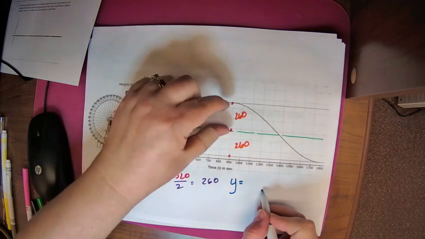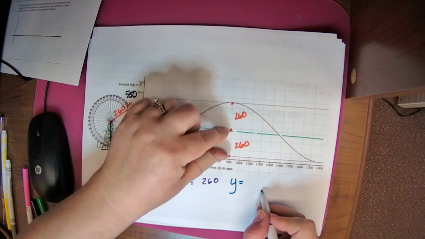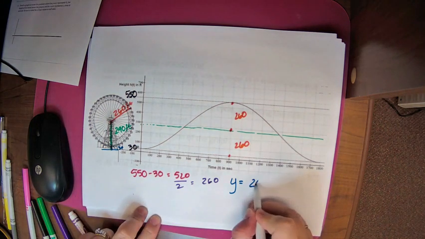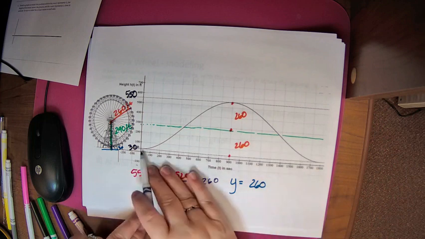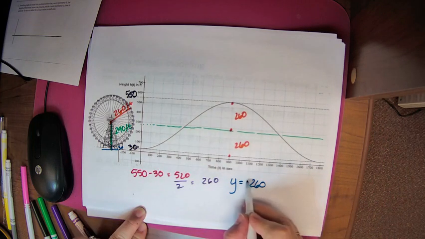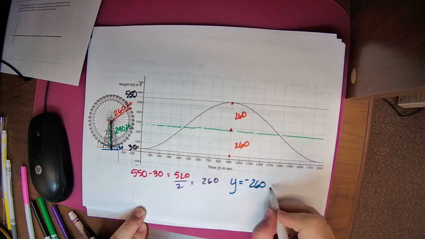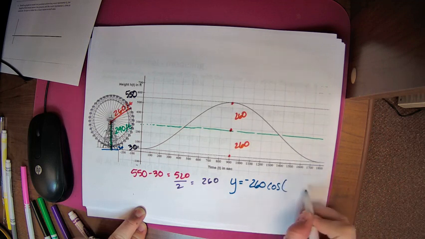The amplitude is how far from the middle to the tip top, or from the middle to the very bottom it is. So in this case, it would be 260 feet. This shape right here is an upside down C, so we need upside down. That's where our negative comes from. And that's the cosine of the whole thing, because a C shape is a cosine.